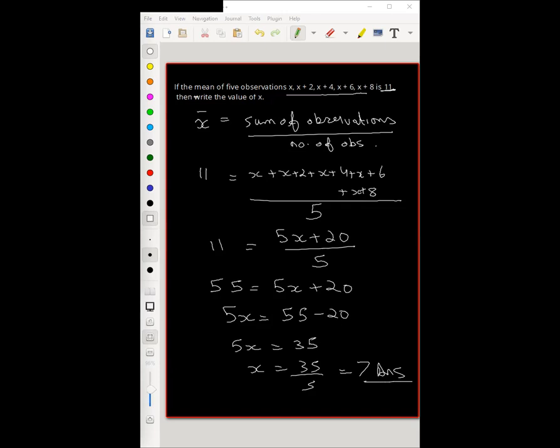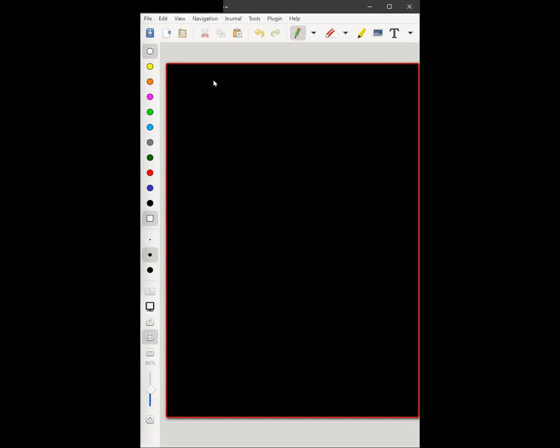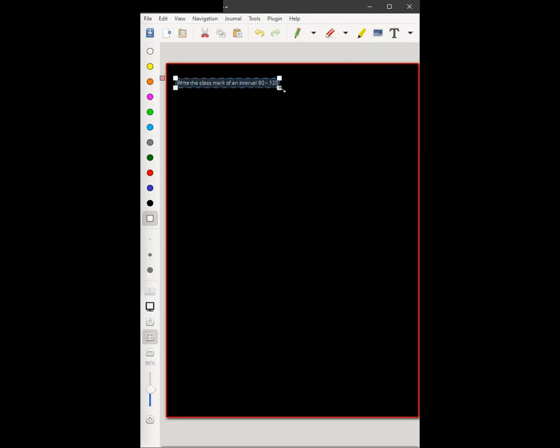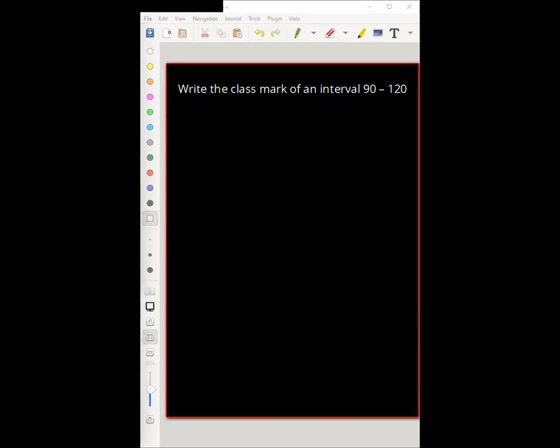A very simple question. Quickly solve this. I want you all to do this within 1 minute. Write the class mark of the interval 90 to 120.